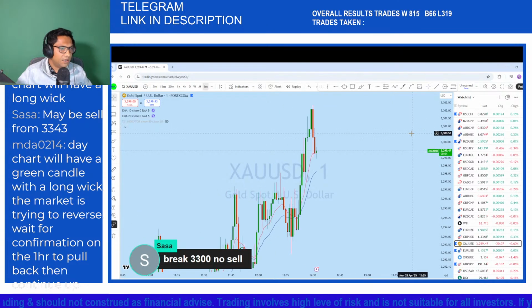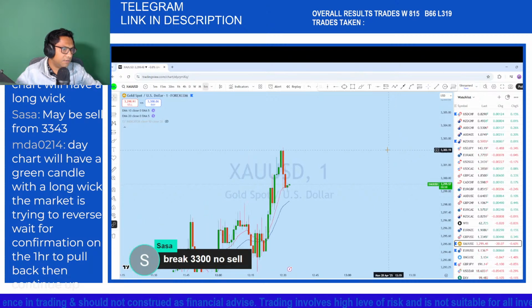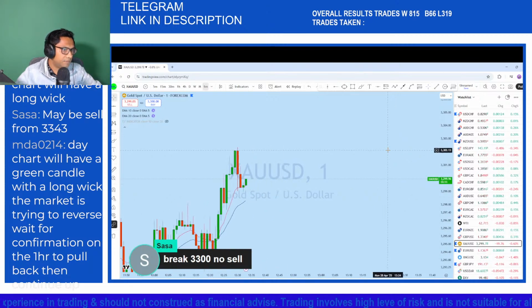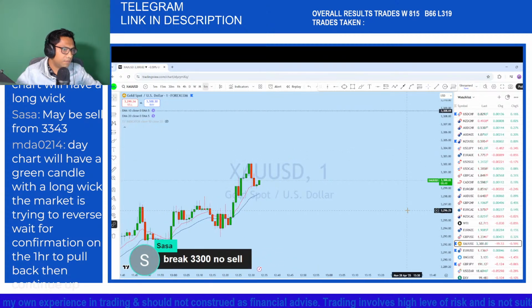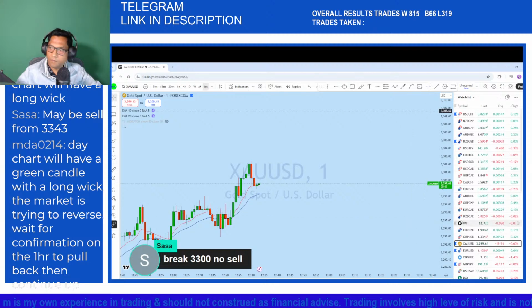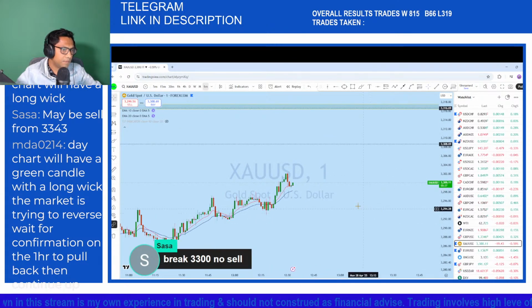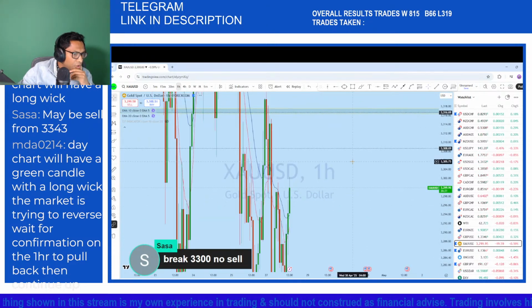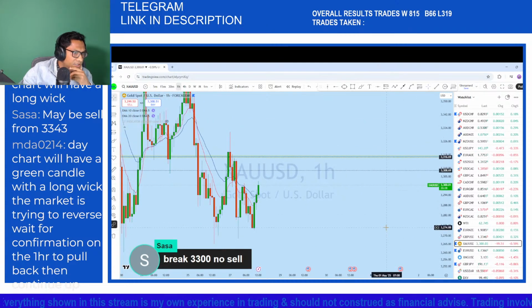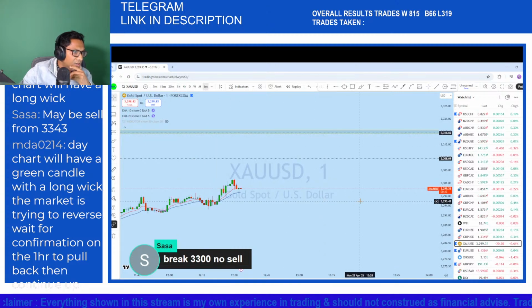So with this major directional trend, if we look at the 1 hour, here the price is heading potentially to the daily resistance line.